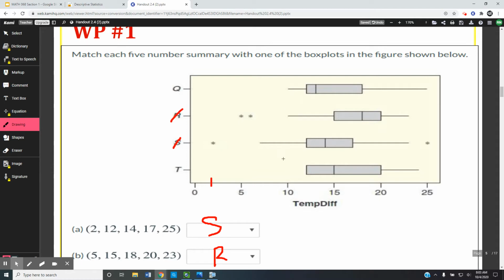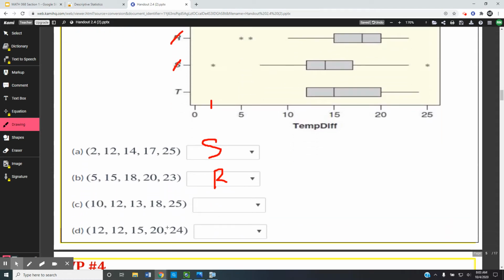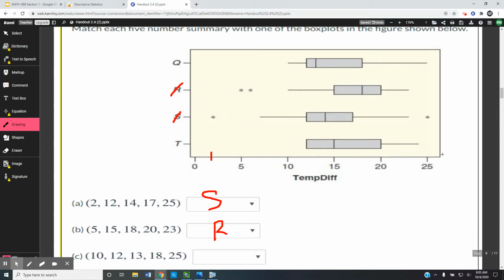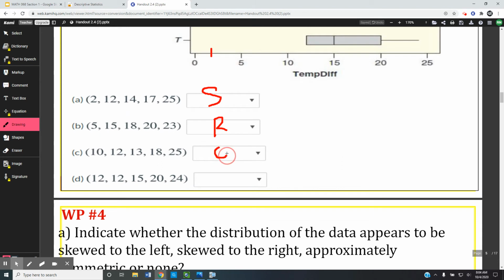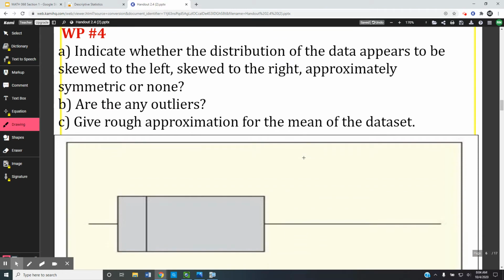I'm not quite sure which one it is, but let's look at this other number, 25 and 24. Here's a 25. That's this one right here, and this one's short on to the 24. So this Q is my next one, and this T, that's my last letter, is this one. Always look at your extreme values first.